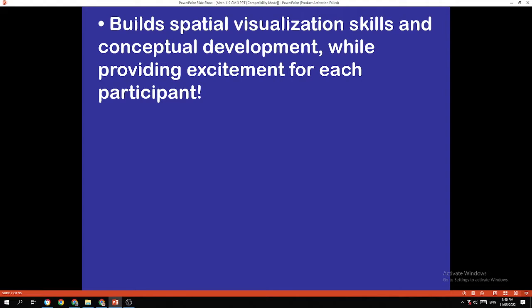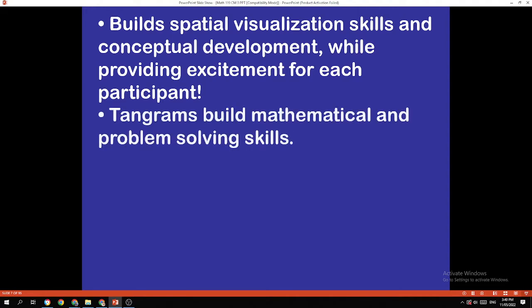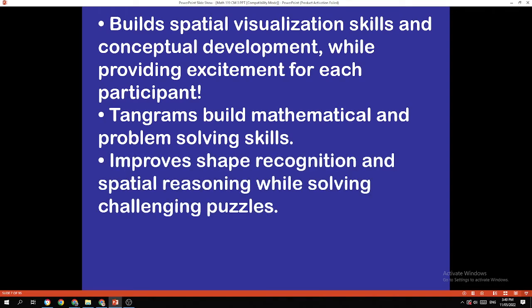That's the important thing there. That's the puzzle. That's the goal. Tangrams build mathematical and problem-solving skills. It improves shape recognition and spatial reasoning, while solving challenging puzzles.